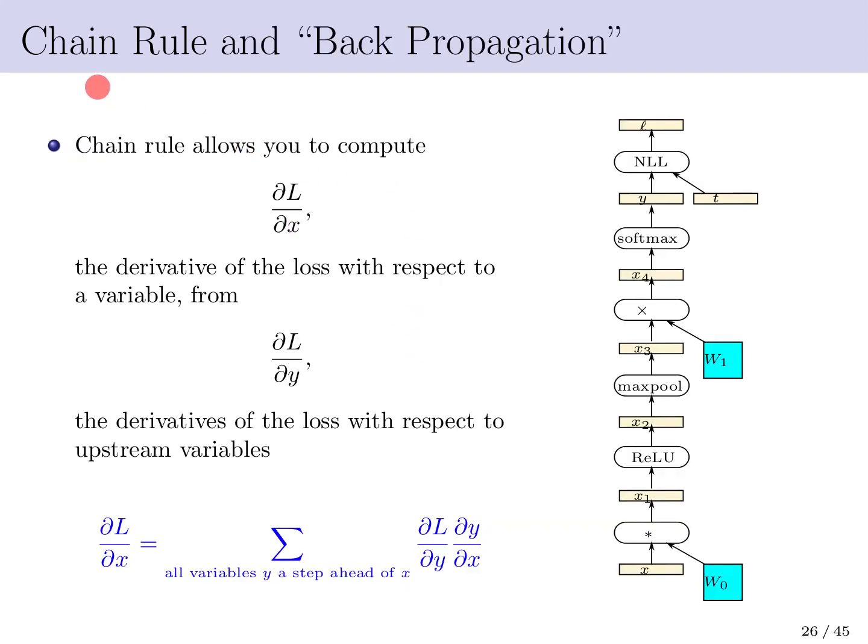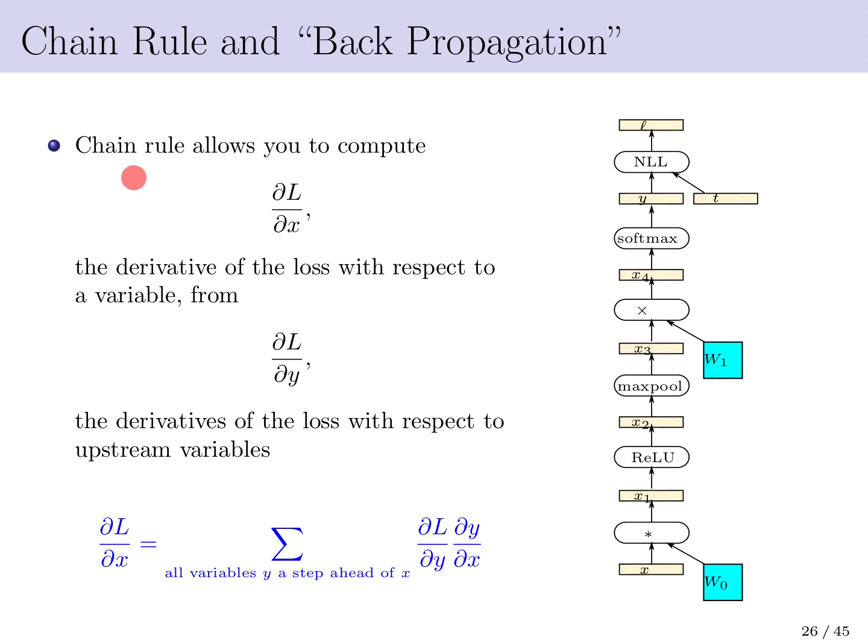So this is the chain rule, and here's why this helps you implement a neural network. This is what a simple neural network actually looks like, and this is the loss function you want to minimize. It is computed from the original input x as well as these weights, and you want to obtain the gradient of L with respect to these weights, just to update these weights in the right direction.